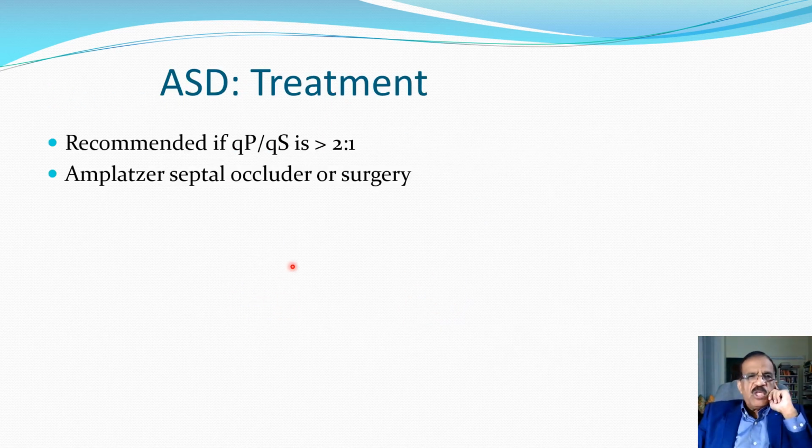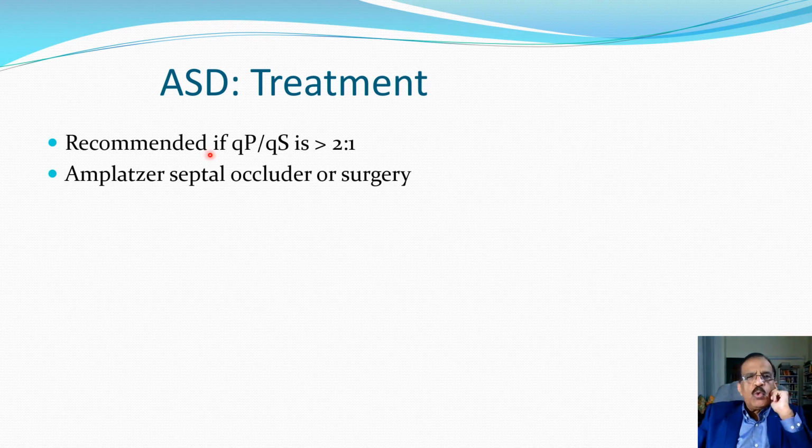Then what is the treatment? Treatment is recommended if pulmonary circulation exceeds the systemic circulation by 2 times, as a minimum. I told you that in all left to right shunts, the pulmonary circulation is more than the systemic circulation.